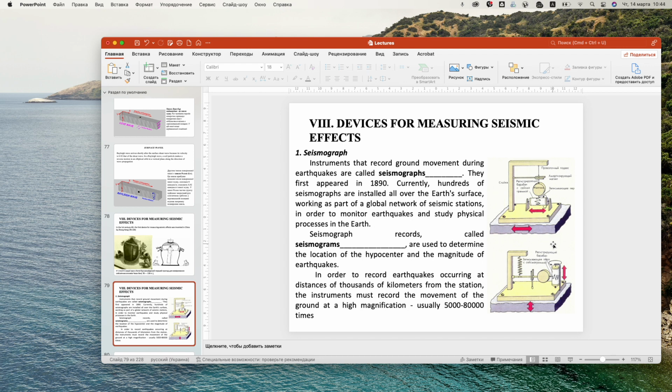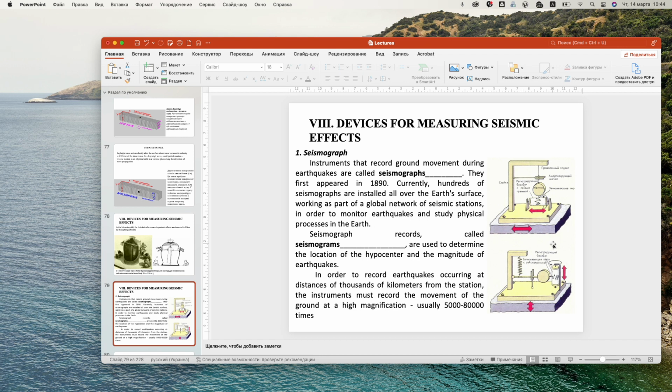So this combination of movement of the element during the earthquake can be described with three records: horizontal in one direction, horizontal in the other direction, and vertical direction records.